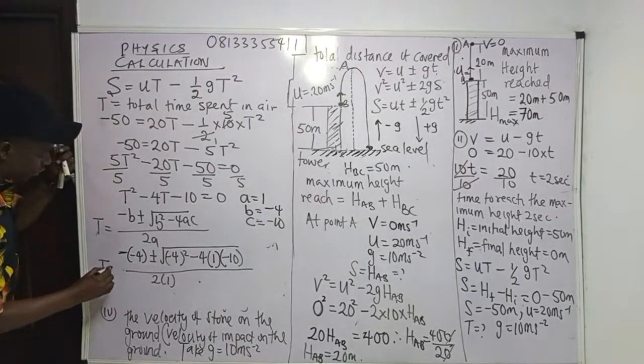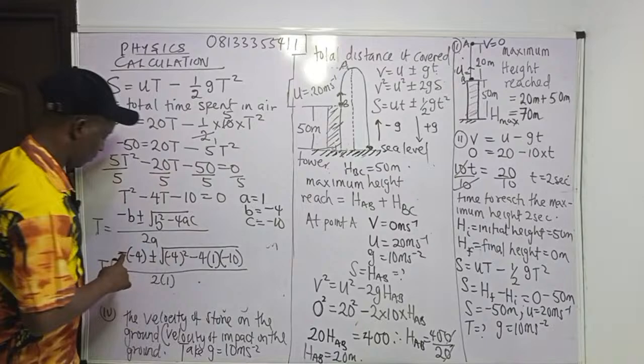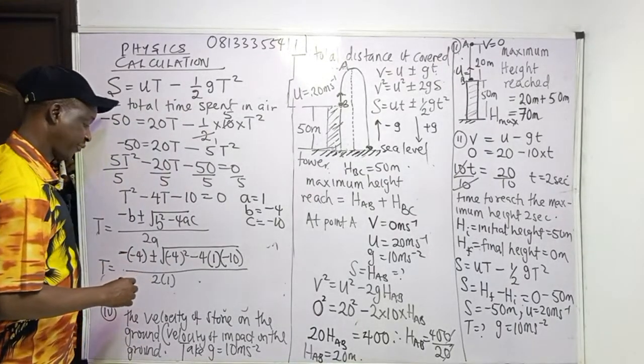So what is the time of flight now? Minus minus is plus, which is 4.